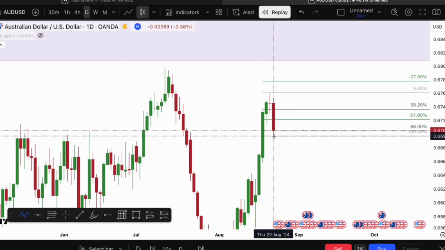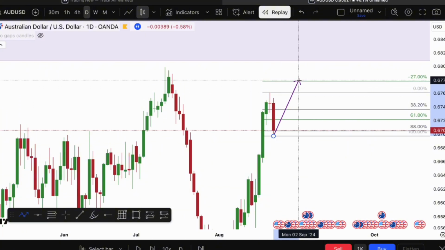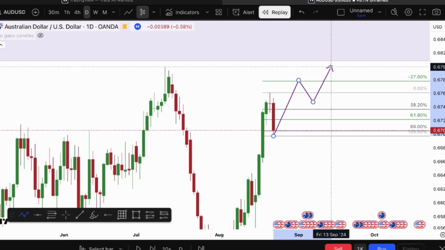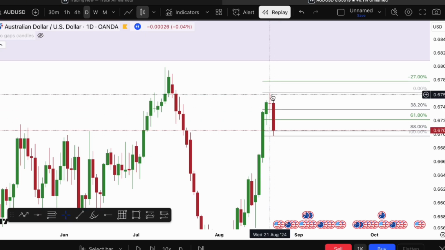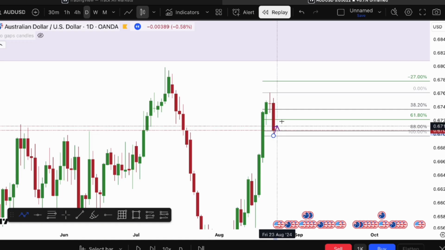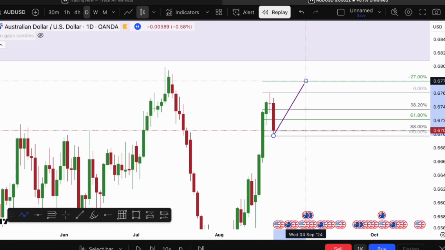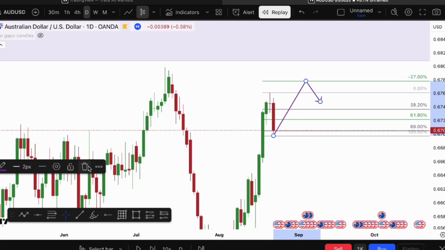So we expect the new impulse to come at least to the negative 27 before it has its retracement to continue. So we draw it from the end of the retracement to the beginning because we expect the new impulse to at least travel to the negative 27 before having its pullback.